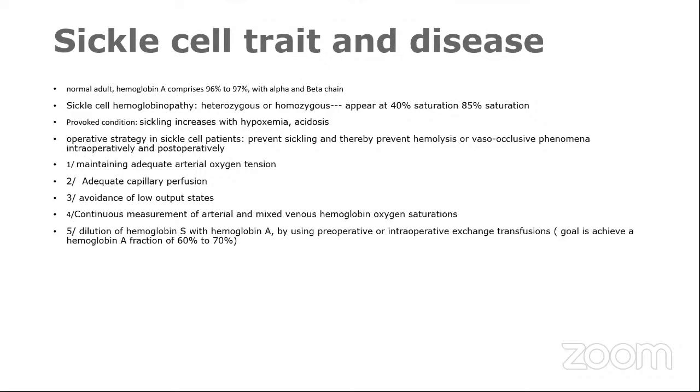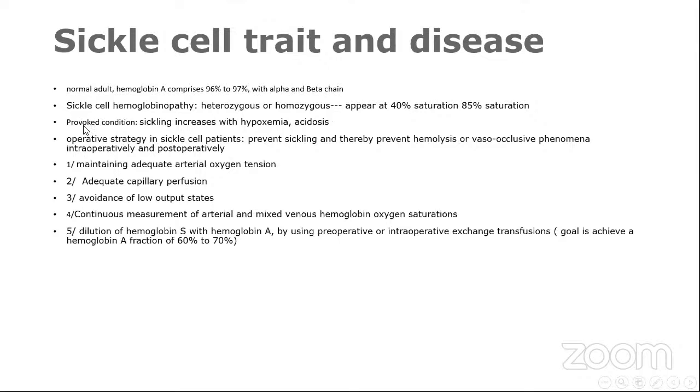By the way, in the heterozygous, hemolysis will occur at 40% saturation. But in homozygous, which is diseased sickle cell, it will occur at 85% saturation. So we have to keep that in mind.